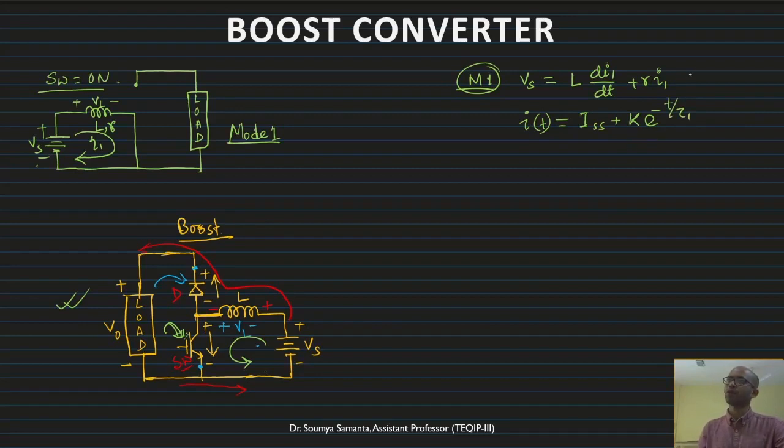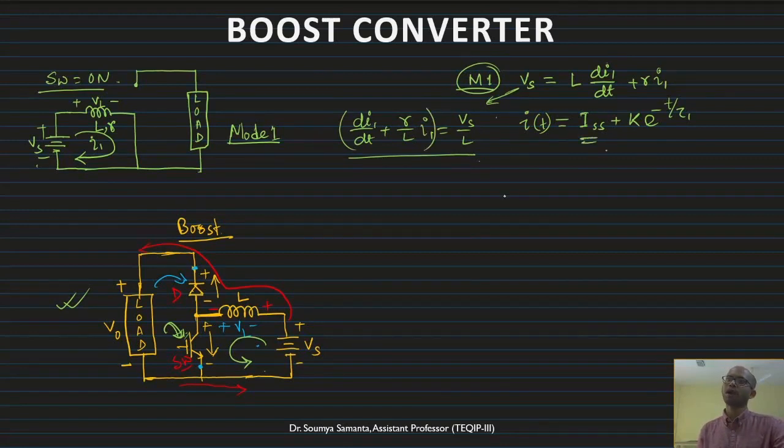To get this, let me form the expression this way: di1 by dt plus small r by L I1 equals Vs by L. From there we can get the whole expression. Now, what is tau 1?